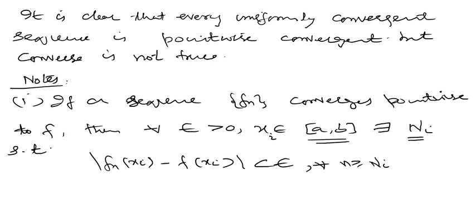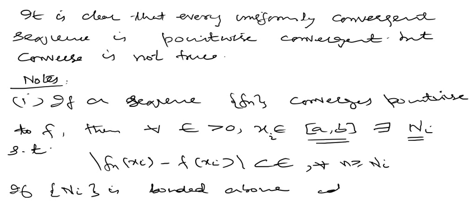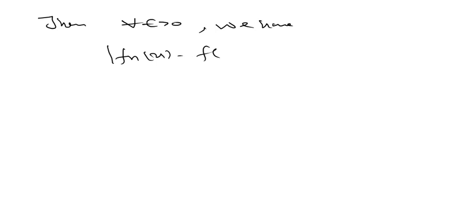अब ये जो सेट है ना, if the set ni is bounded above, and its supremum is N, then for all epsilon positive we have |fn(x) minus f(x)| is less than epsilon for all n greater or equal to N, and for all x in the interval ab.